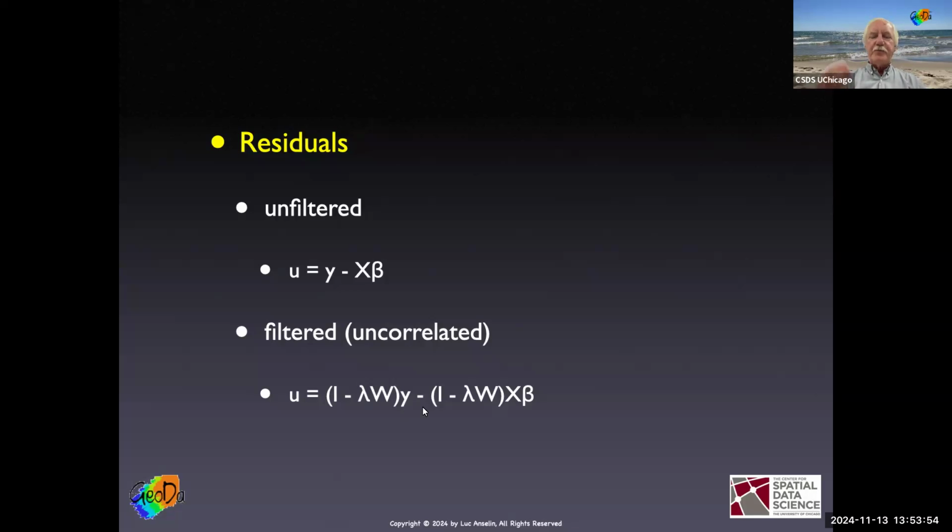So, and we'll see this in the notebooks, just like in the lag model, we had 2 notions of predicted values and 2 notions of residuals. Here we have 1 notion of predicted values, but still 2 notions of residuals. One type of residuals will still have spatial correlation, the other type will not. It's been filtered out.